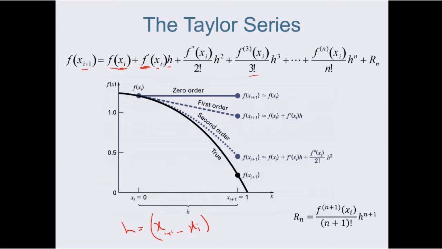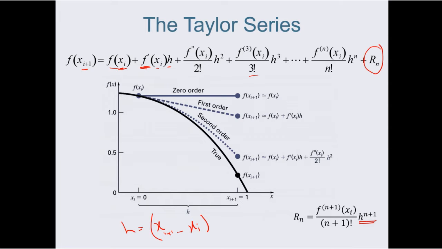You are definitely going to have to stop somewhere. Wherever you stop, we say we are going to truncate the series. And whatever terms you include, after that you'll have what we call a remainder term. This remainder, of course, is of the order of h to the power n plus 1.